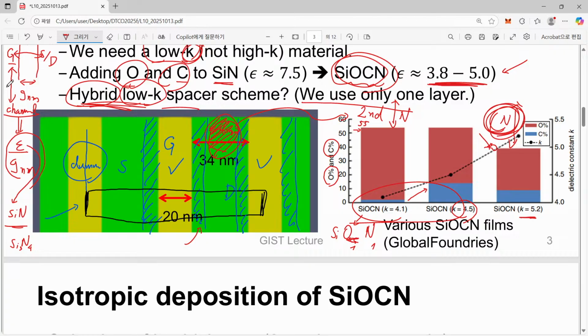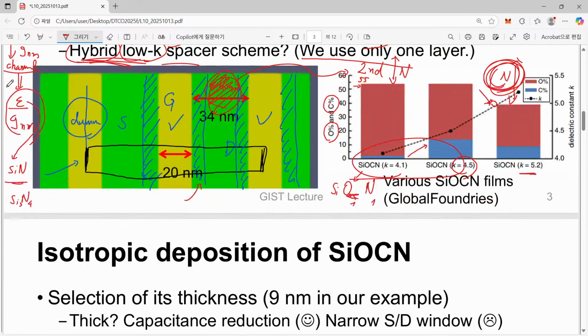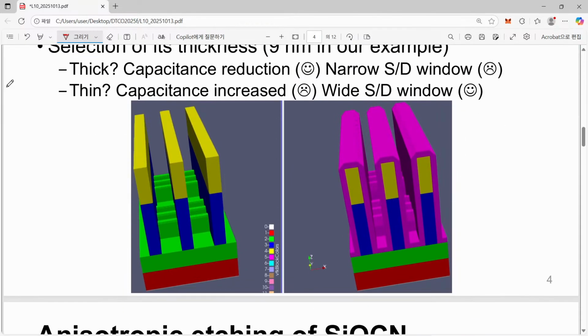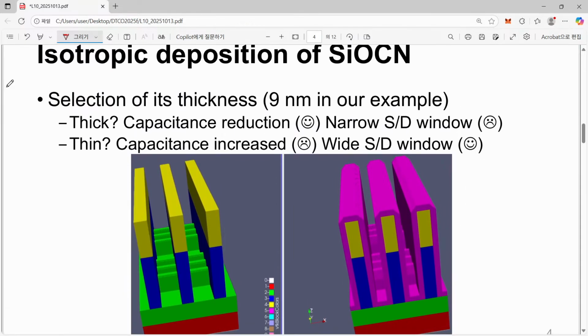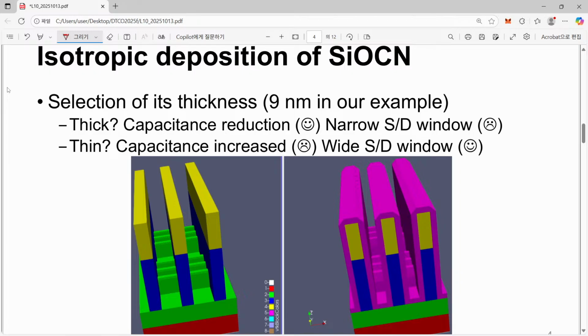That is the one we have. Anyway, we are sacrificing our 34 nanometers by an amount of 18 nanometers for our spacer. So please now do your own exercise.